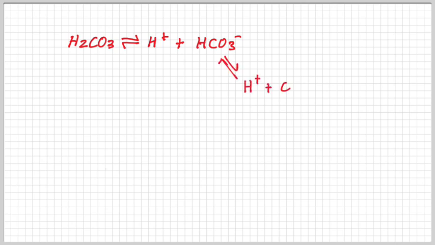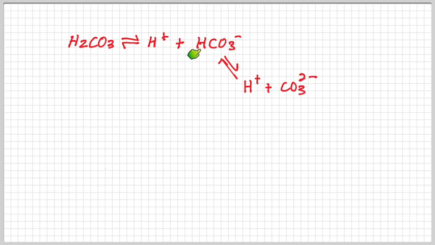if we have H2CO3, that can lose a hydrogen ion and give us HCO3 minus. And this can lose a hydrogen ion and give us CO3 2 minus. So this is a weak acid.